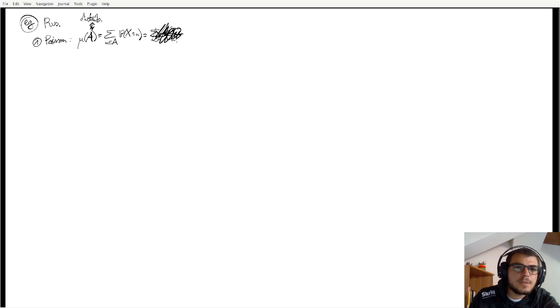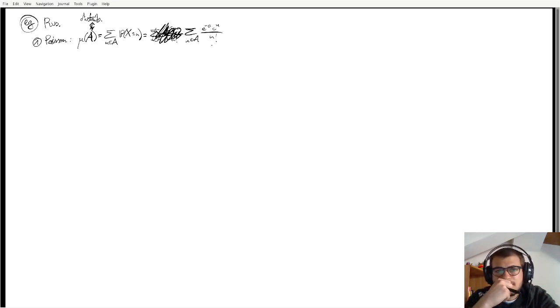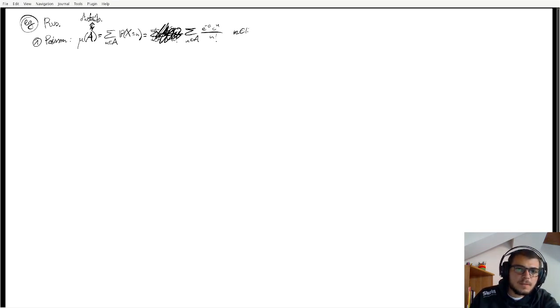So this was the sum of e to the minus c, c to the n over n factorial, where n is in the natural numbers and c is a positive constant.